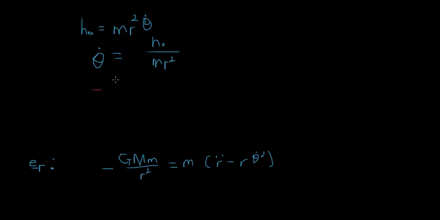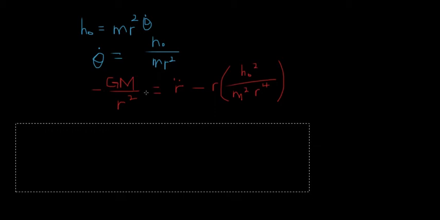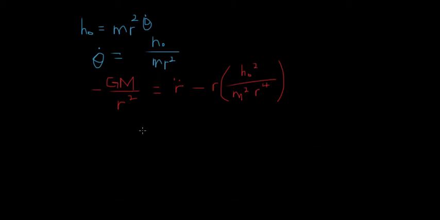Negative GMm over r squared, we can eliminate m along the way, is equal to r double dot minus r multiplied by H naught squared divided by m squared r to the fourth.